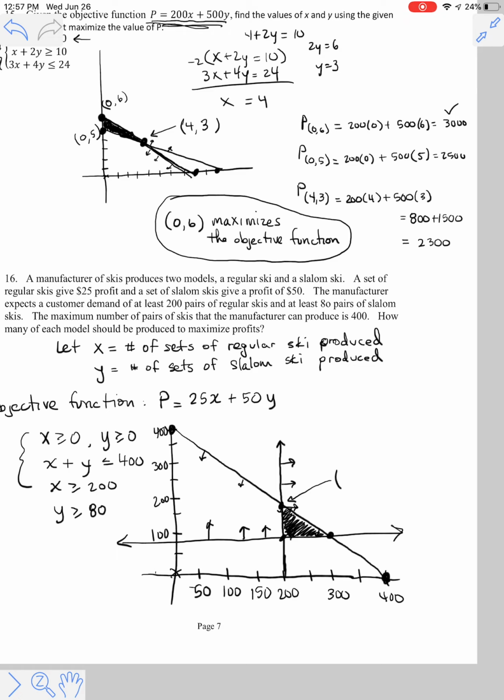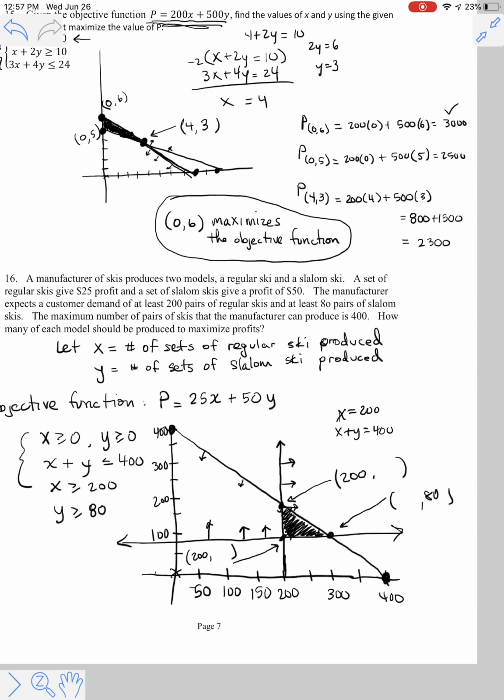That point has an x value of 200, and we have to figure out the y value. That point also has an x value of 200, and we figure out the y value. This point here has a y value of 80, and we need to figure out the x value. Now, going back to this point here, that's an intersection of the line x equals 200, and the other line is x plus y equals 400.